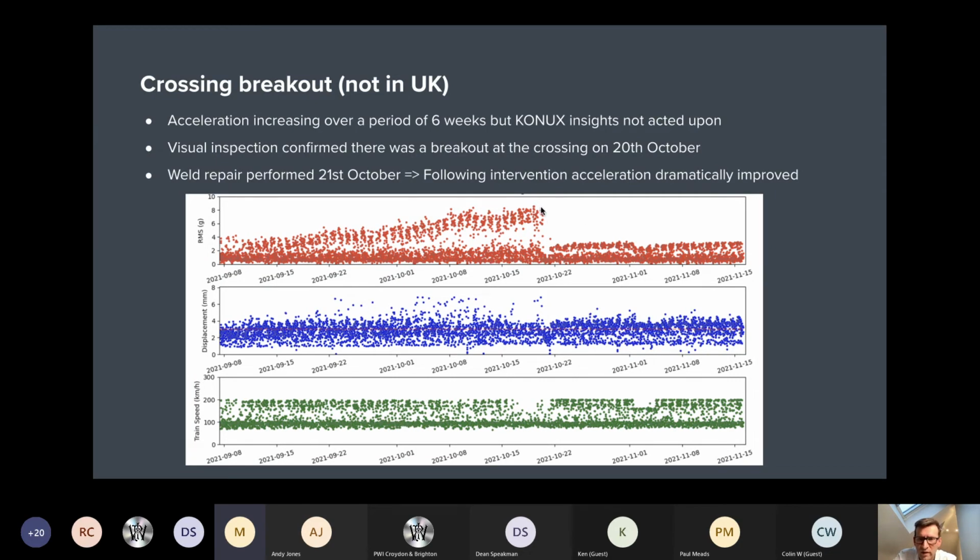And at this point, this is where they found it and treated it. Then you can see the acceleration's back down to much more normal levels, and a bit of a change in the displacement as well. If they'd used our system, they would have identified that earlier, and potentially been able to plan it more effectively as well. So again, quite a nice use case around what the system is able to find.